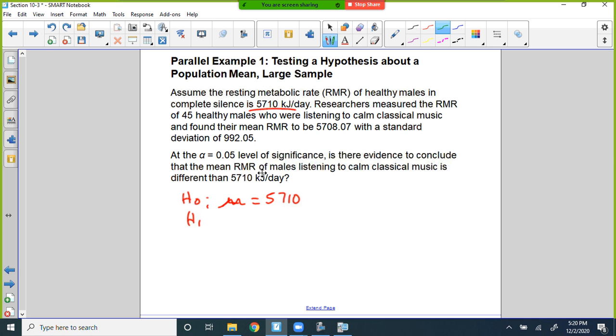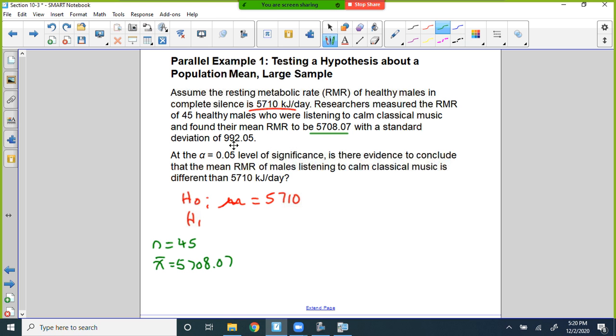Let's pull out the rest of this stuff. So I've got an N, that's 45, right? This right here is our X bar, which is 5708.07.